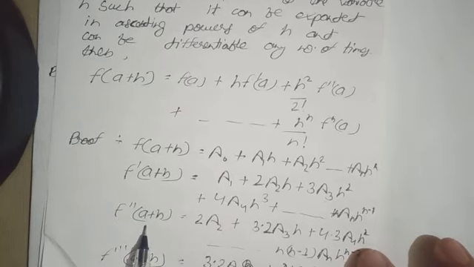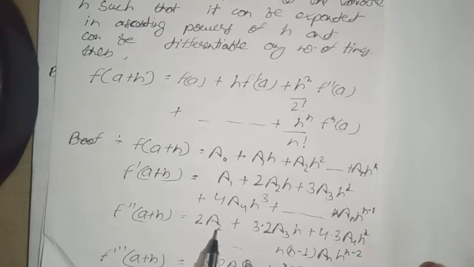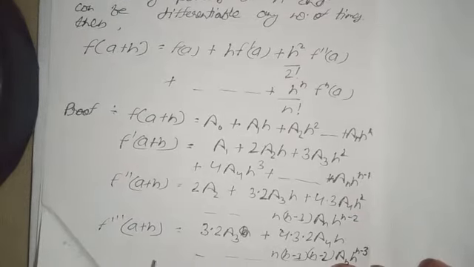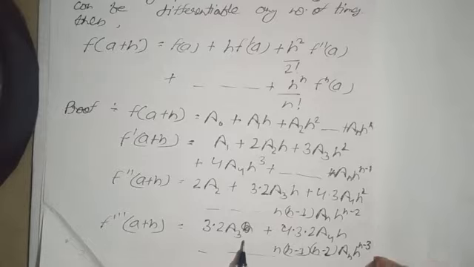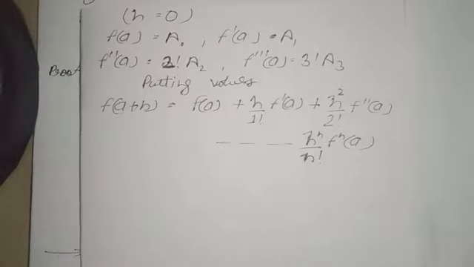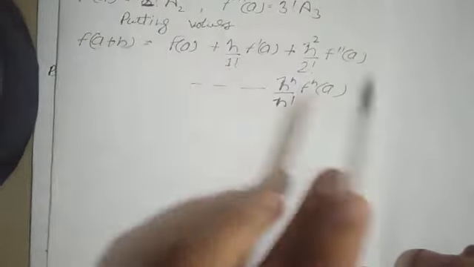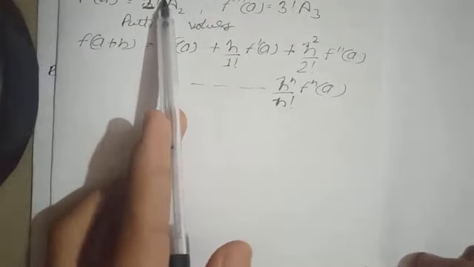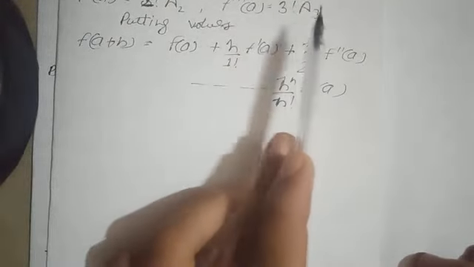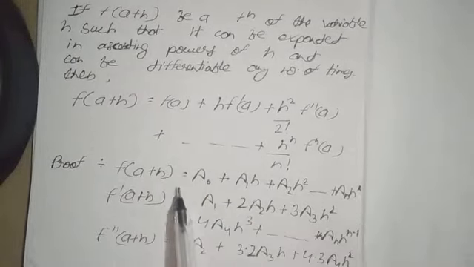F double dash a is equal to 2a2. F triple dash a is equal to 3 factorial into a3. So this is written here. We obtain the values of a0, a1, a2, a3, and similarly we put them into this statement.